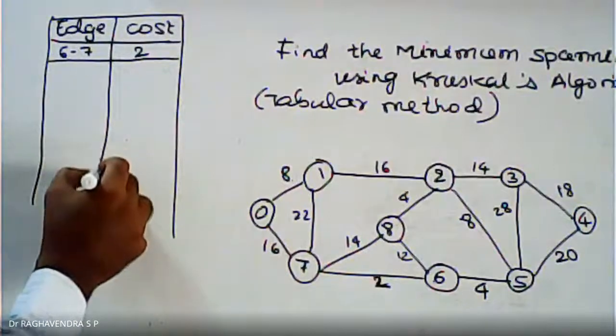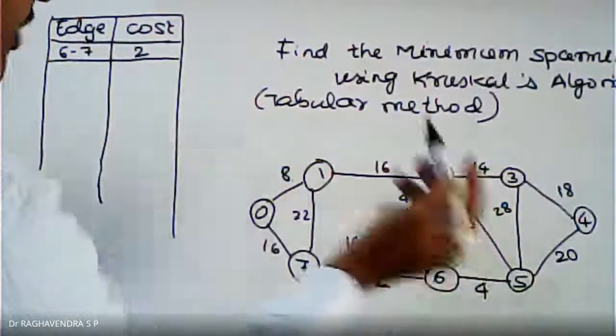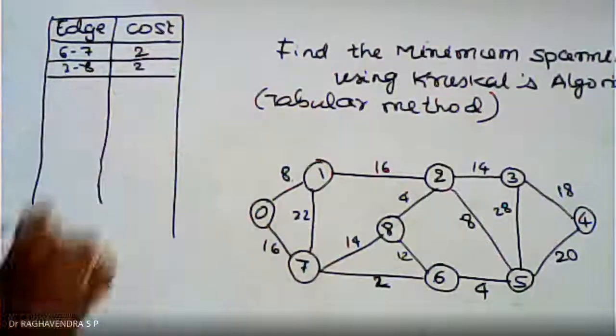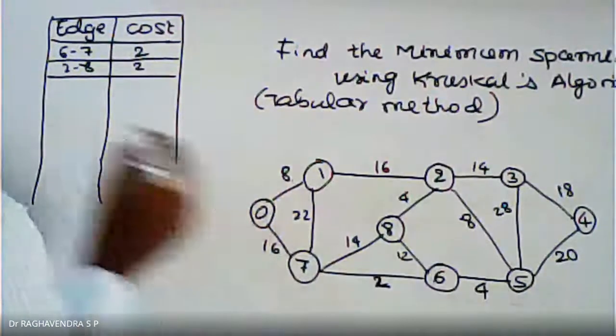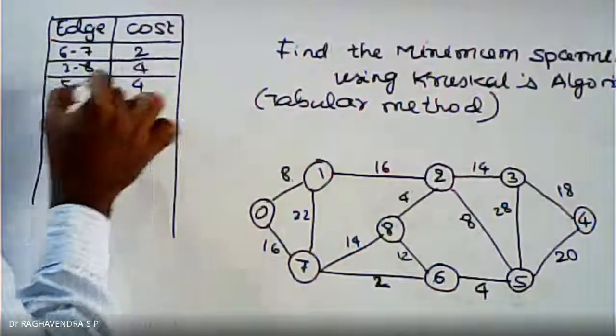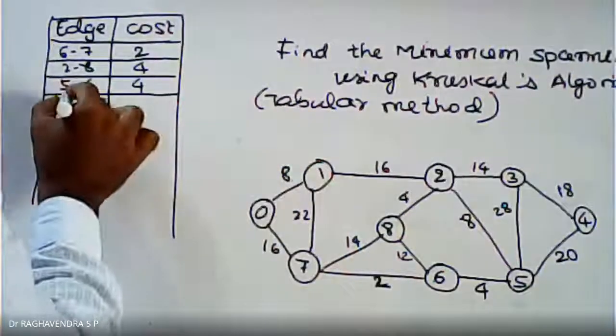Next heading. Four. 5 to 6 and 2 to 8 both have 4. So I'll write 2 to 8, and after 2 to 8, 5 to 6. Next one, 8: that is 0 to 1.